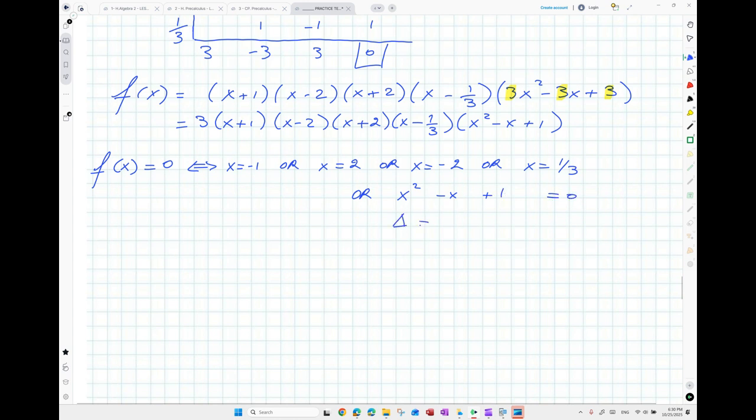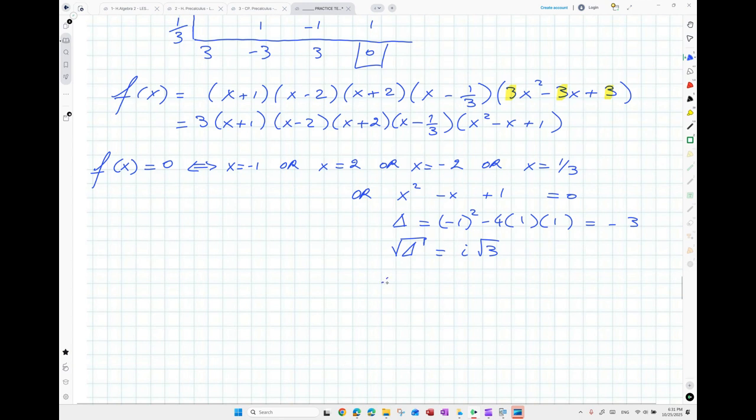So I'm going to calculate the discriminant, b squared minus 4ac, which is (-1) squared minus 4 times 1 times 1, and I will get -3. Now, the square root of this discriminant will be i square root of 3.